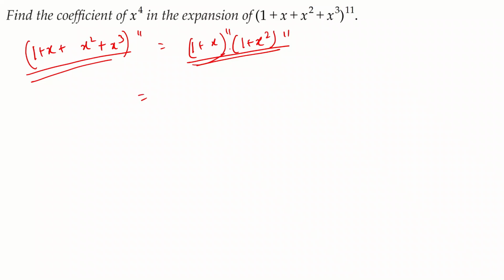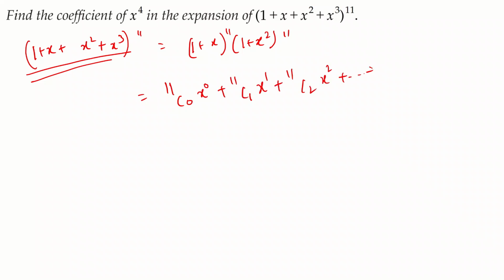What is the expansion of this thing? So the expansion of this is 11c0 x to the power of 0 plus 11c1 x to the power of 1 plus 11c2 x square plus all the way up to 11c11 x to the power of 11. This was easy, no problem.